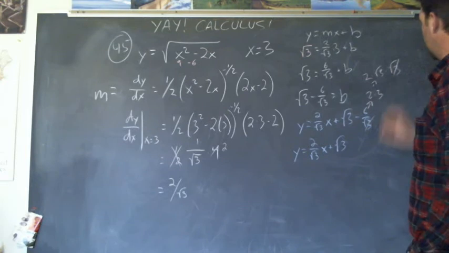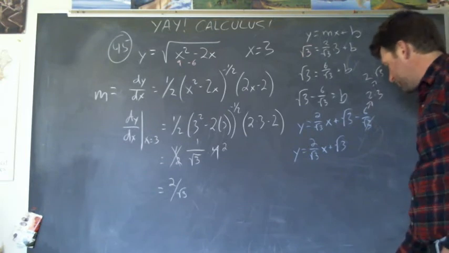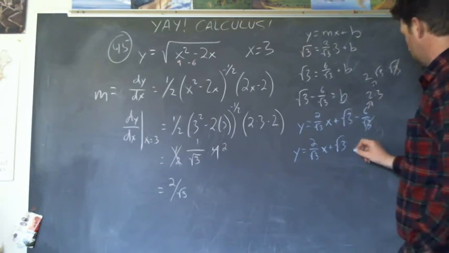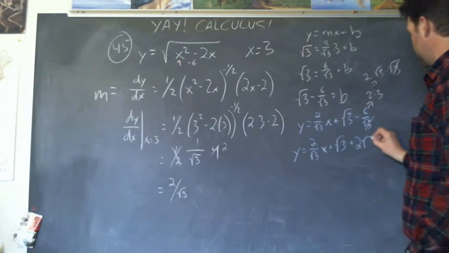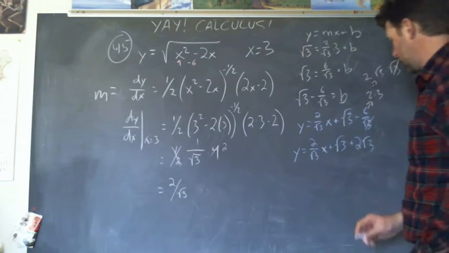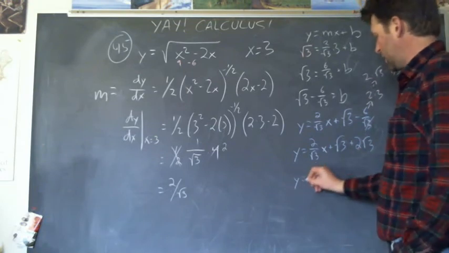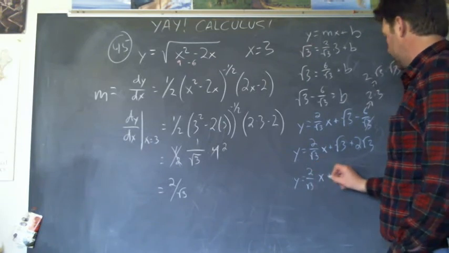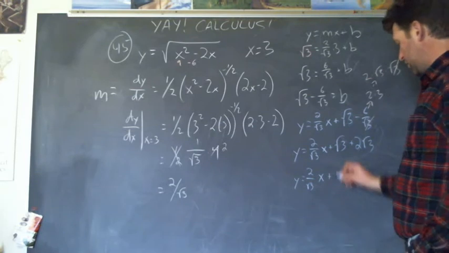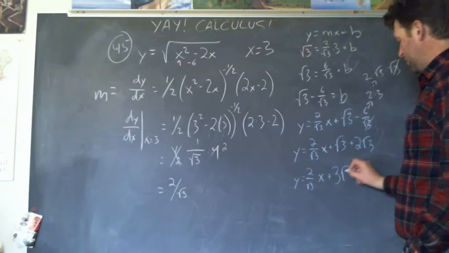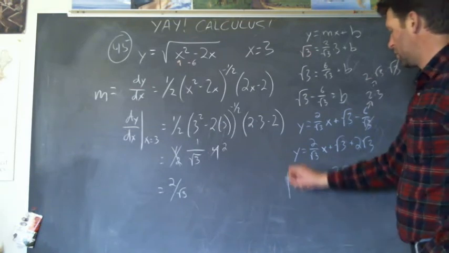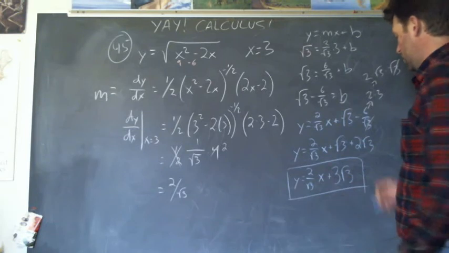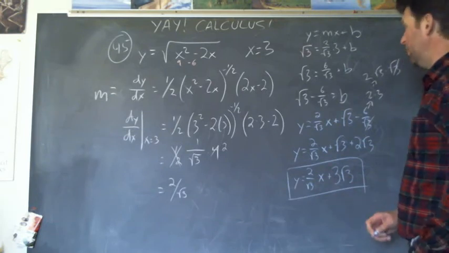So that radical 3 can cancel this one, so there'll be 2 radical 3. And those go together nicely. How convenient. y equals 2 over radical 3 x plus 2 radical 3 and 1 radical 3 is 3 radical 3. That's the equation of our tangent line.